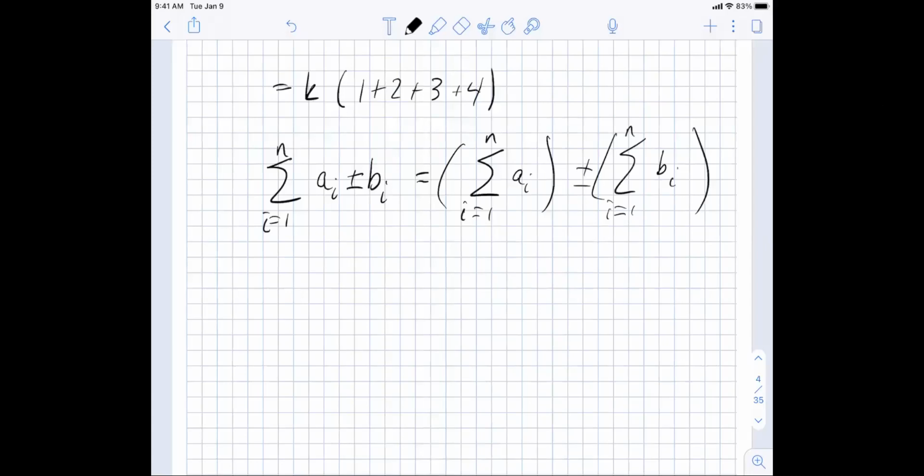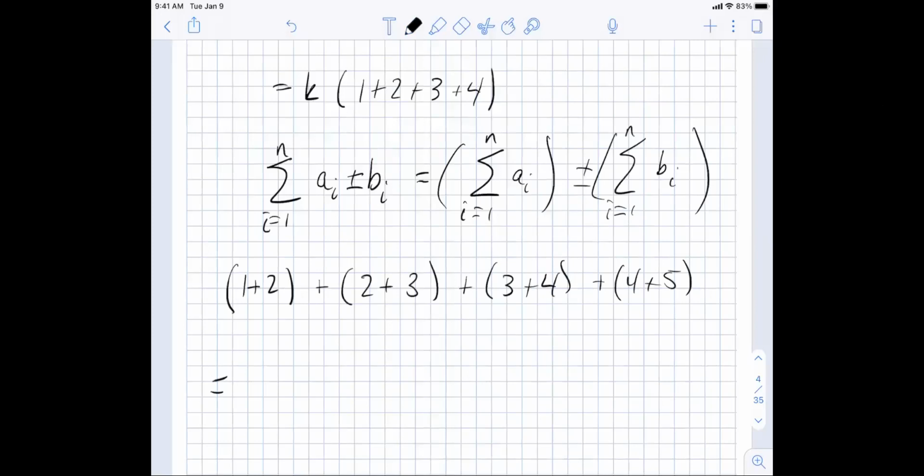Okay. So again, you can think of this as, if you're looking at something that looks like, I don't know, 1 plus 2, plus 2 plus 3, plus 3 plus 4, plus 4 plus 5.